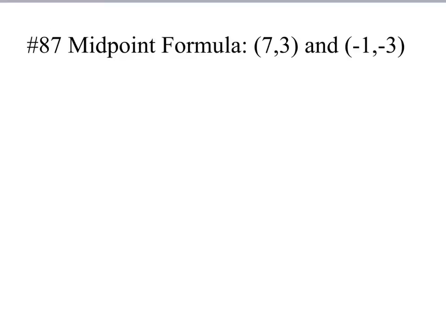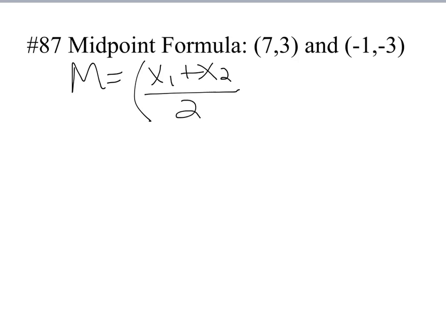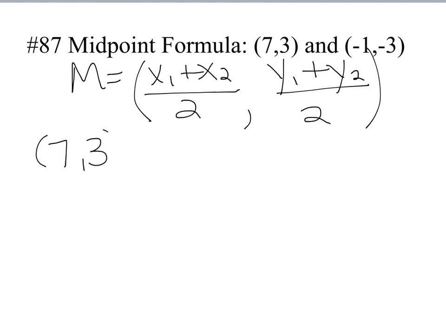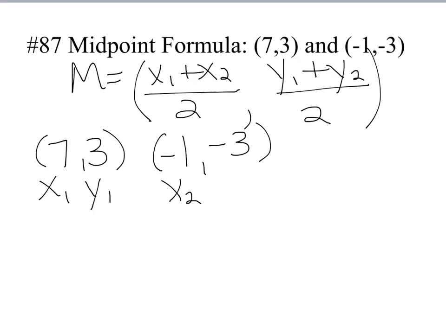Okay, so we're going to use the midpoint formula again here, which we just said is x1 plus x2 over 2, comma, y1 plus y2 over 2. Okay, so I'm going to go ahead and write my points, and then I'm going to label them. x1, y1, both 1 because it's the first point. x2, y2, both 2s because it's the second point.